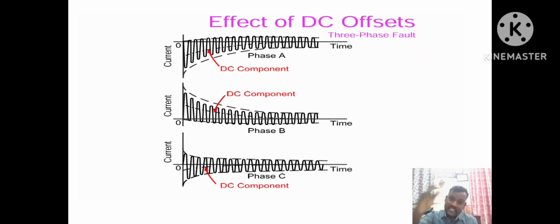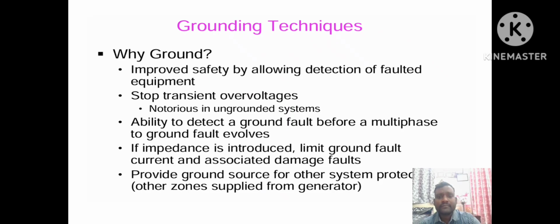Not only AC is impacting our system, DC is also present on the same pole. The breaker should withstand the fault conditions, because of these transient conditions. Further, we can explain more about this. Okay, now grounding techniques.